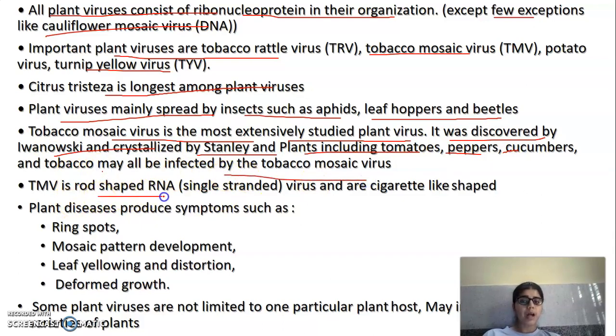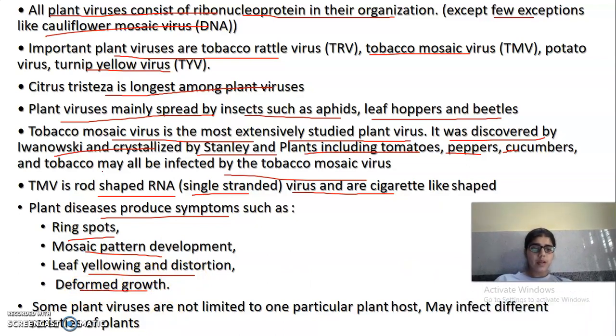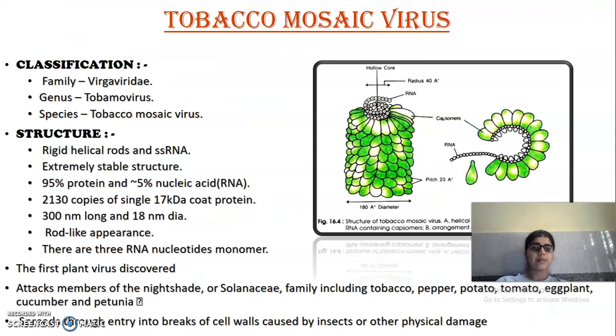TMV is a rod-shaped, single-stranded RNA virus and is cigarette-like in shape. Plant viral diseases produce symptoms such as ring spots, mosaic pattern development, leaf yellowing and distortion, and deformed growth. Some plant viruses are not limited to one particular plant host and may infect different varieties of plants.